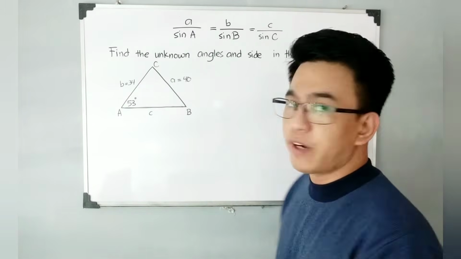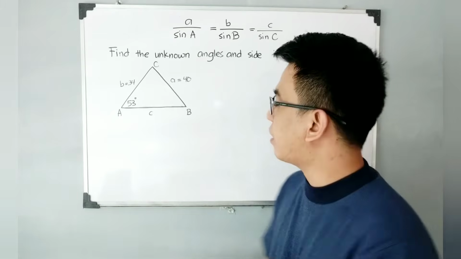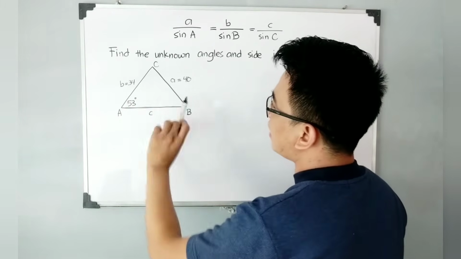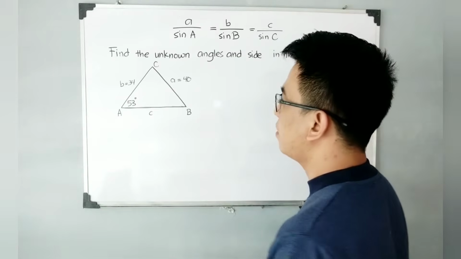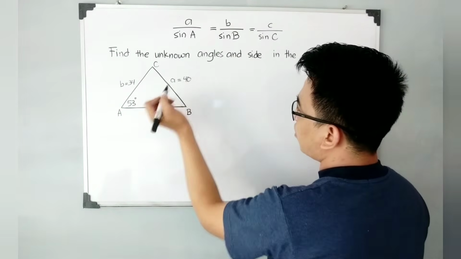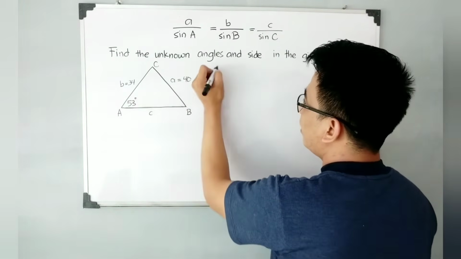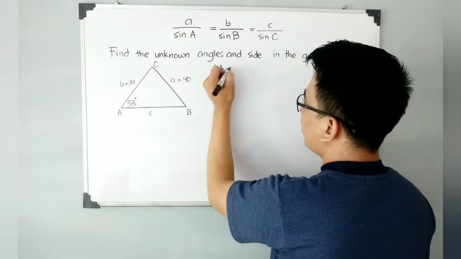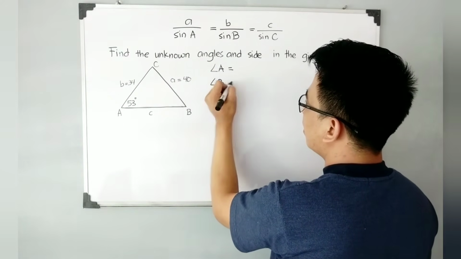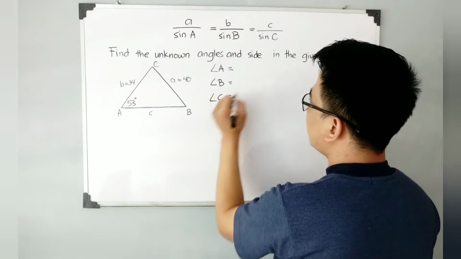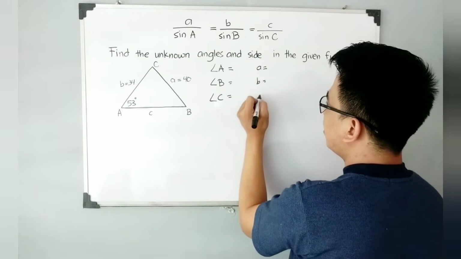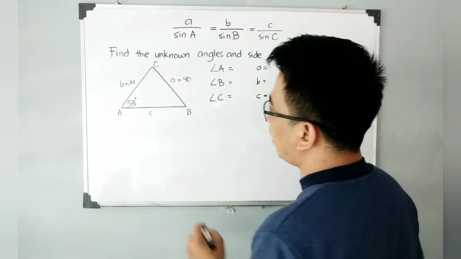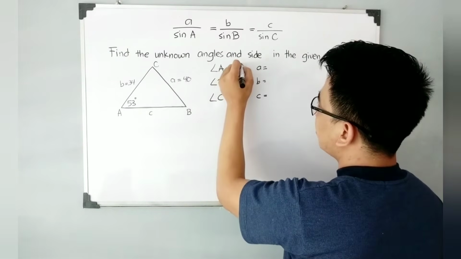So, this one is quite different from the first example because dito, dalawa na yung given sides natin at ang hinahanap natin dalawang parts pa ay yung angles. So basically, ang una nyo gagawin dito is to organize your given data. You have your angle A, angle B, angle C, side A, side B, side C. So for angle A, meron tayong 53 degrees.